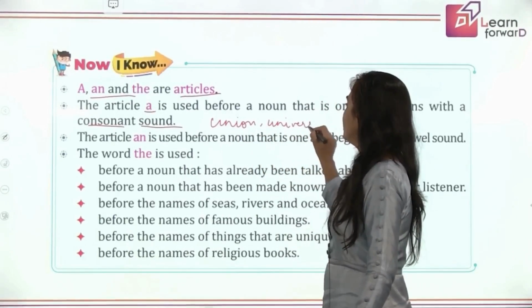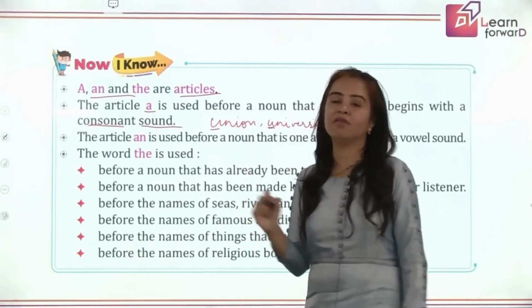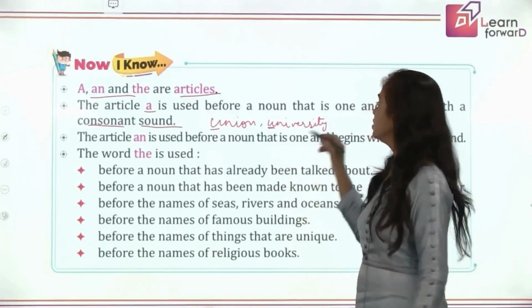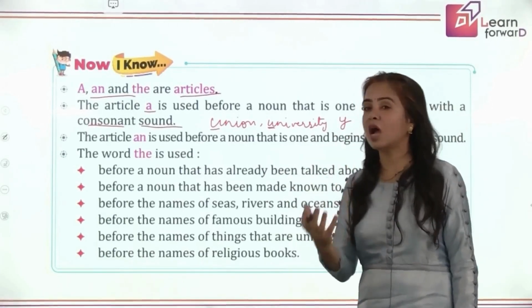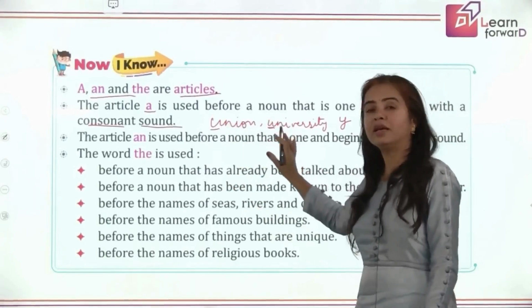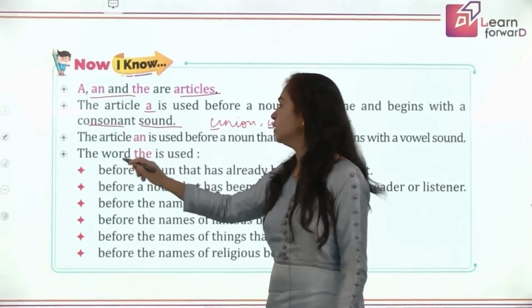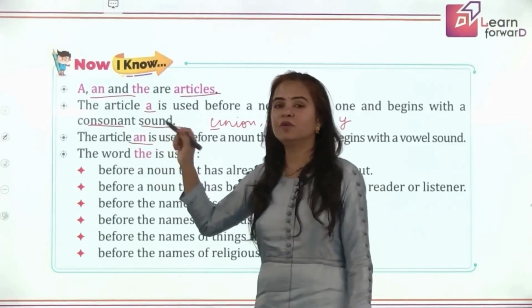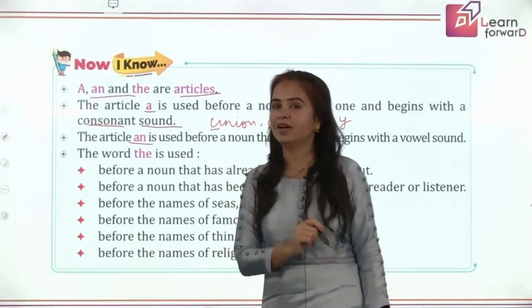They start with U in spelling, in writing, but the sound coming is Y. So remember this, it is the initial sound, not the initial letter when we are writing the word. So "a" is used before a consonant sound and "an" is used before a vowel sound for singular nouns.